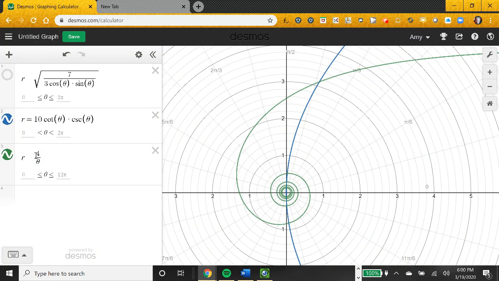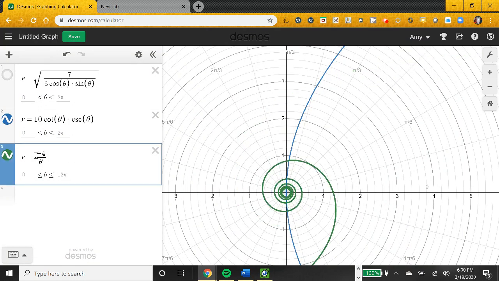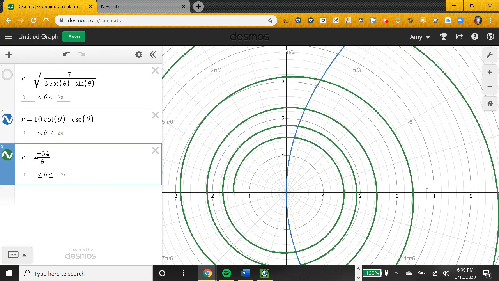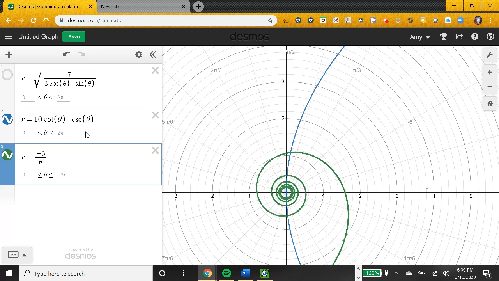Let's make this -5, not 54, right? That would be hilarious. But do you see how when I came in right here, I did this point and then I came spiraling in?